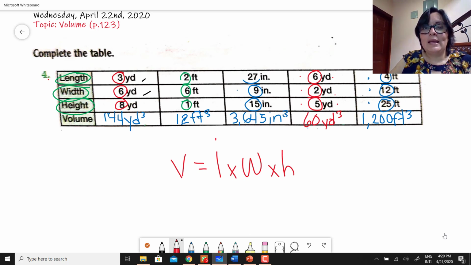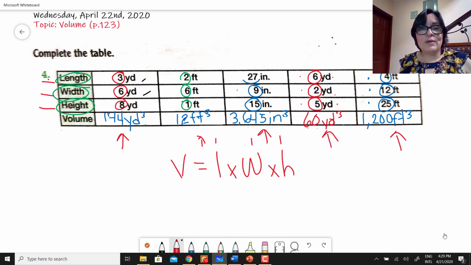We have to multiply length times width times height, and we have them in here. And here we have the result, the volume. Okay, that is what you have to do. So the same that we did in here is what you have to do in the other page, 124, that you have to solve in that page.